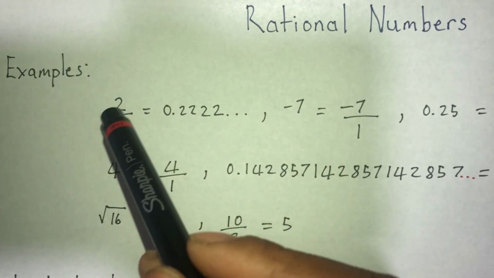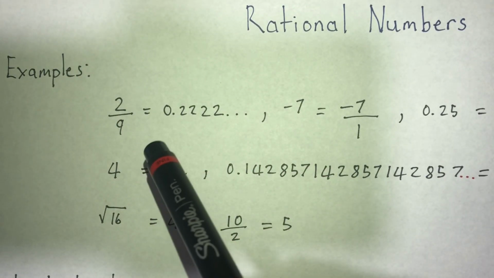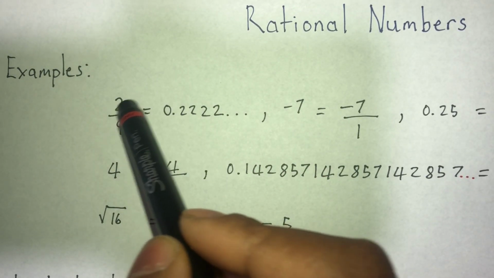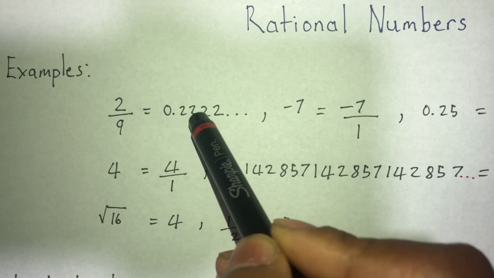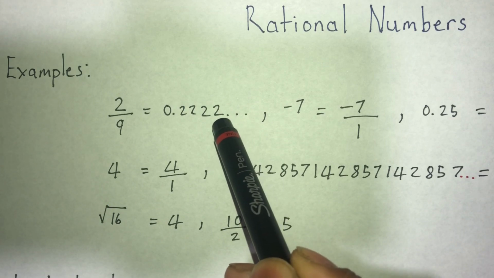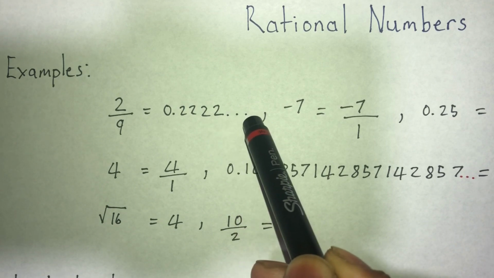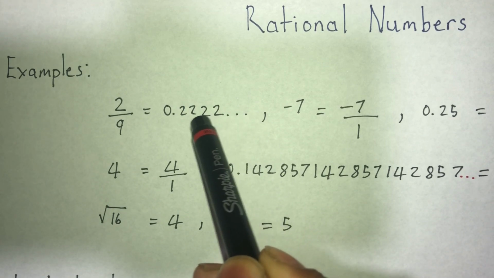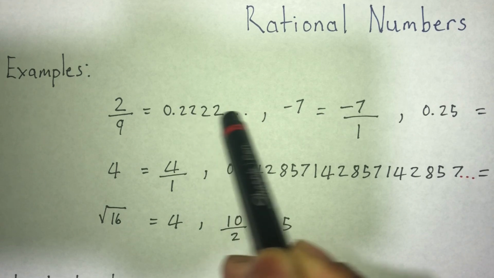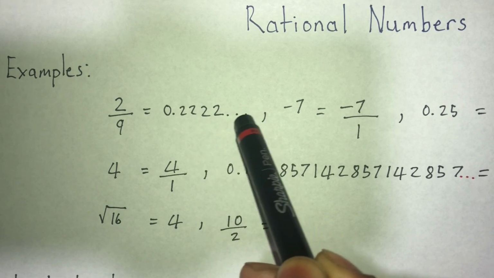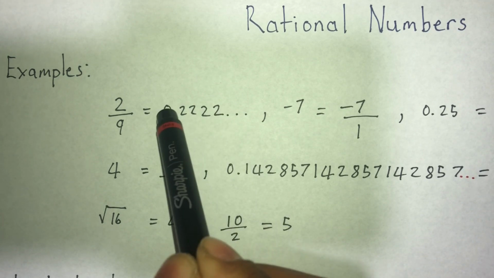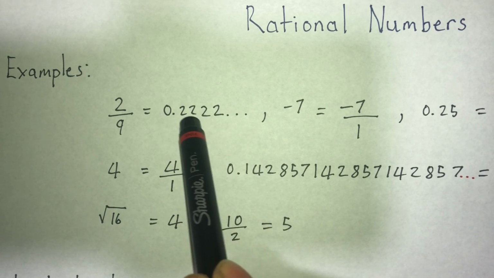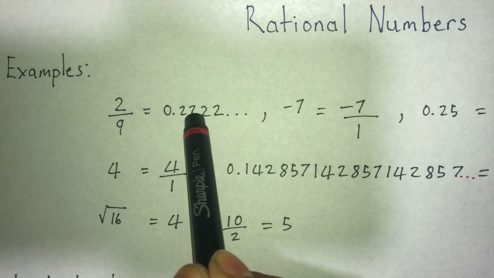Examples of rational numbers. Here we have 2 over 9 equals 0.222... The 3 dots, as we explained earlier, signify that it goes on forever. So we can see that this decimal expansion is recurring.